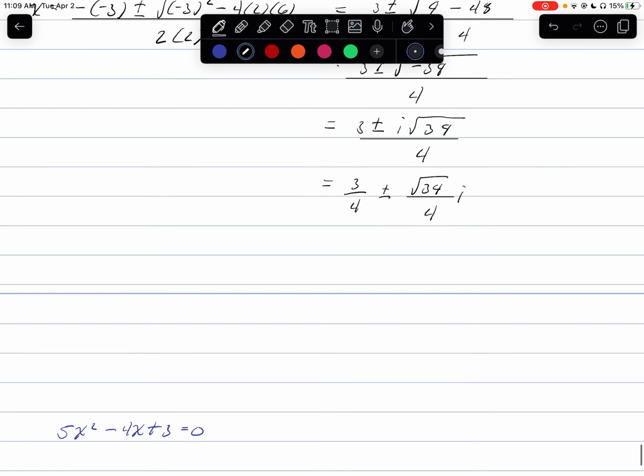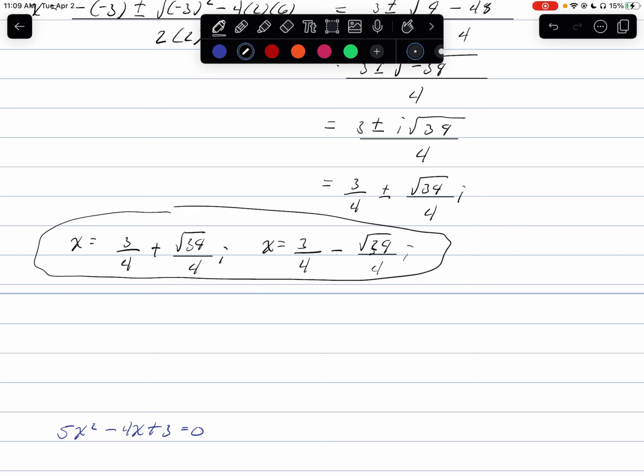You can leave it like that, or you can write it as x is equal to 3 over 4 plus the square root of 39 over 4 i, and then 3 over 4 minus the square root of 39 over 4 i. So this would be our answer here. You will sometimes get these complex solutions like this, and that's not necessarily a bad thing if you do.